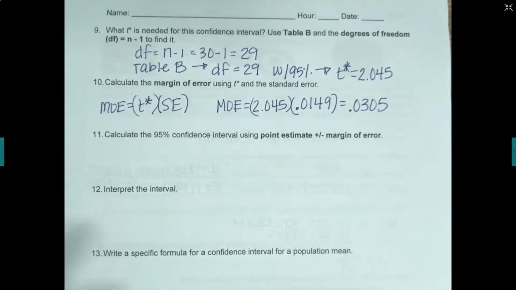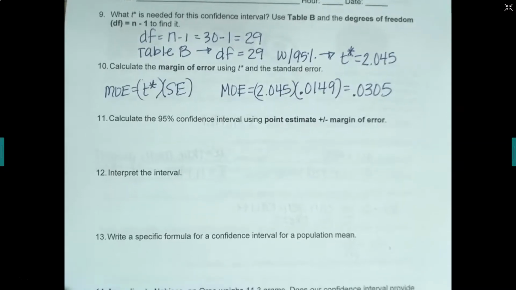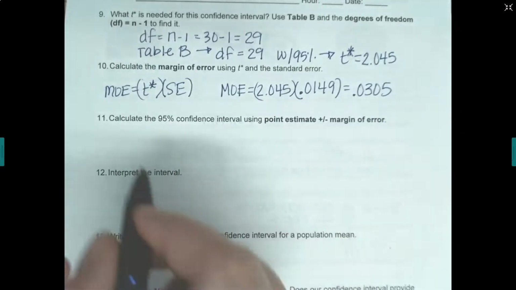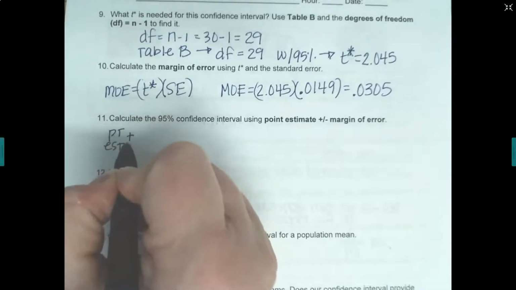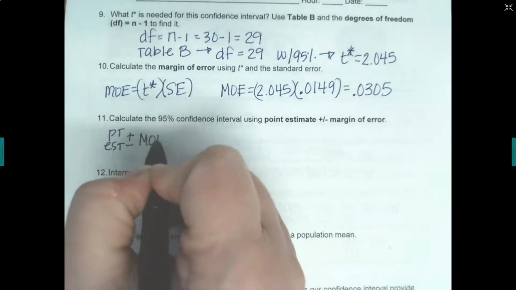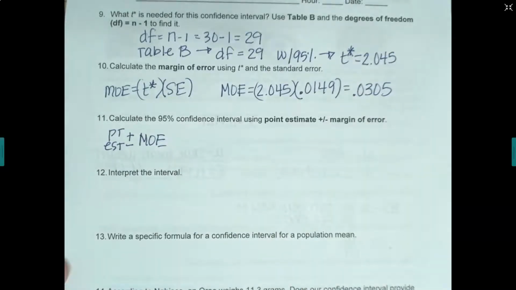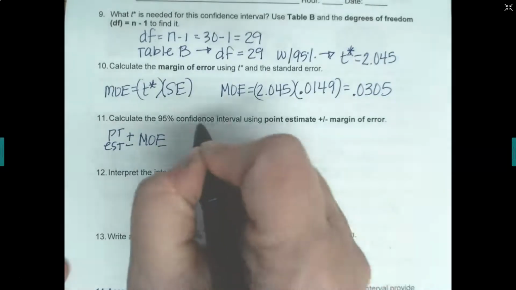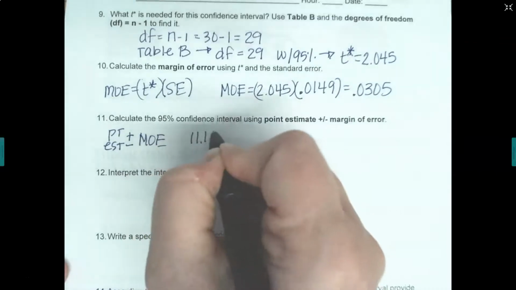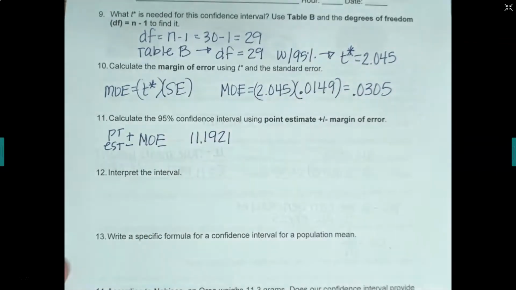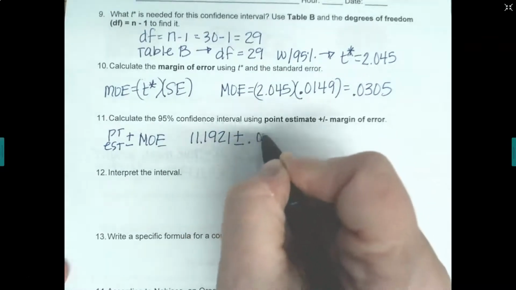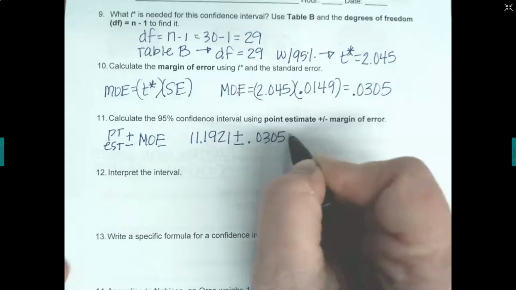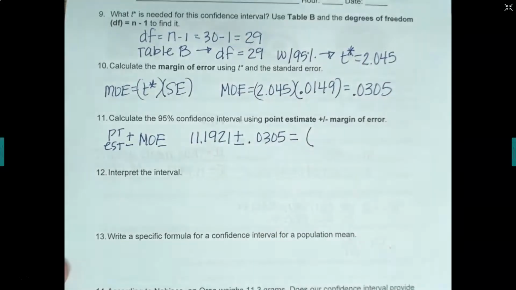All right, so now remember, when we had our point estimate and we wanted to create our confidence interval, you take your point estimate plus and minus your margin of error. Okay, so we had a point estimate of 11.1921, and to that number we're going to add and subtract our margin of error to create our interval.